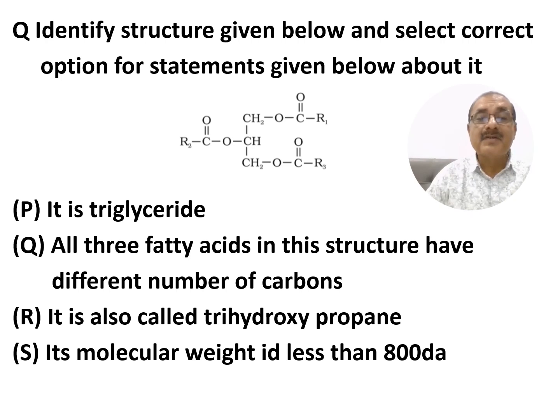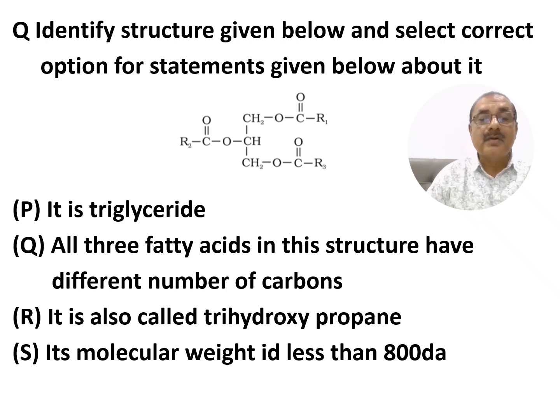If the carbon numbers are the same, then the fatty acid will be the same, because a fatty acid is represented as RCOOH. If there are the same carbons, it will be the same R1, R2, R3. So Q is correct.